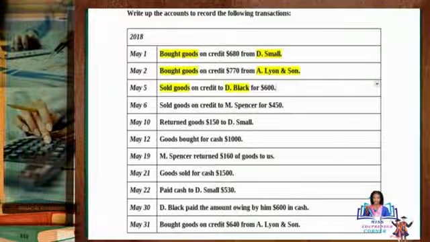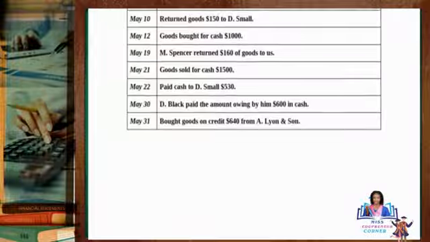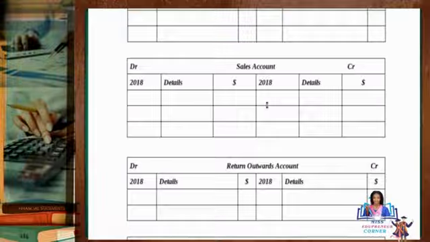So we're going to go down to our sales account and make a credit entry. We come to the right hand side, the credit side for our sales account, and it is May 5. In the detail, we would have D Block and the amount of $600.